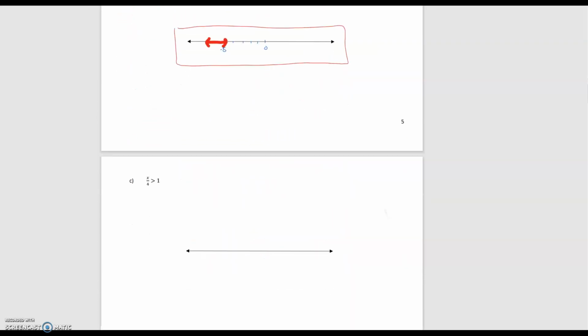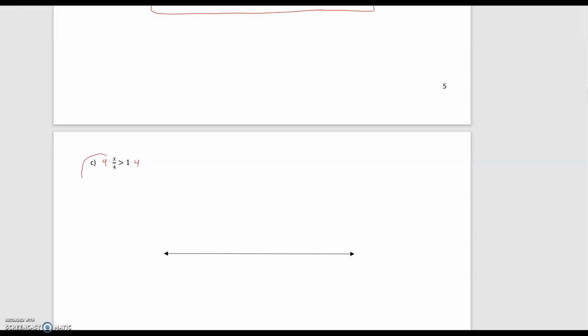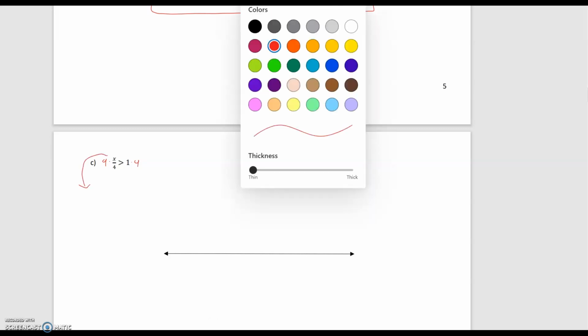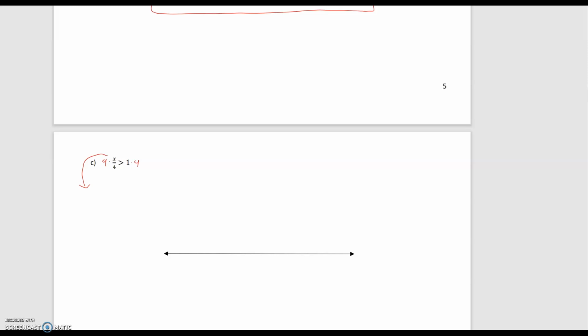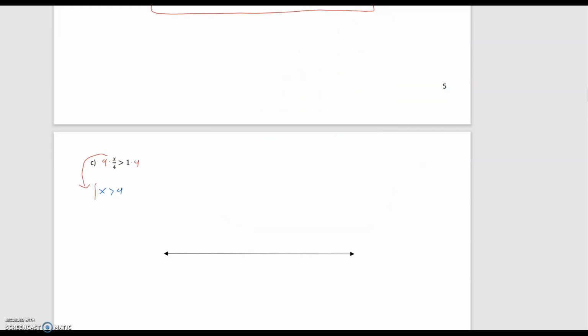Let's move on to C. In problem C, in order to solve, we're just going to have to multiply by 4 and by 4. And on the left hand side, the x's cancel. You end up with x is greater than 4. And notice that we multiply by a positive value, so no need to switch the inequality.